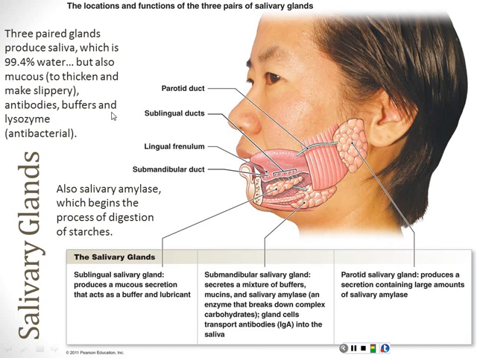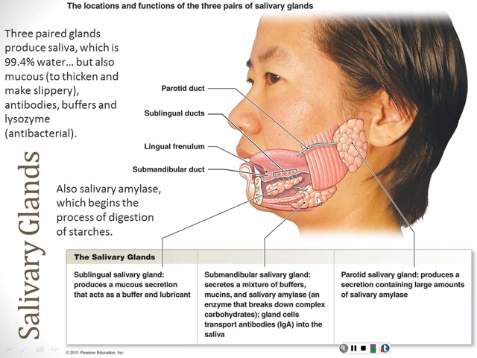There are buffers that help to control the pH of the mouth. Anybody who has salivary gland problems usually has teeth problems too, because without these buffers, the bacteria that live in the mouth create acid, and the acid eats the teeth.